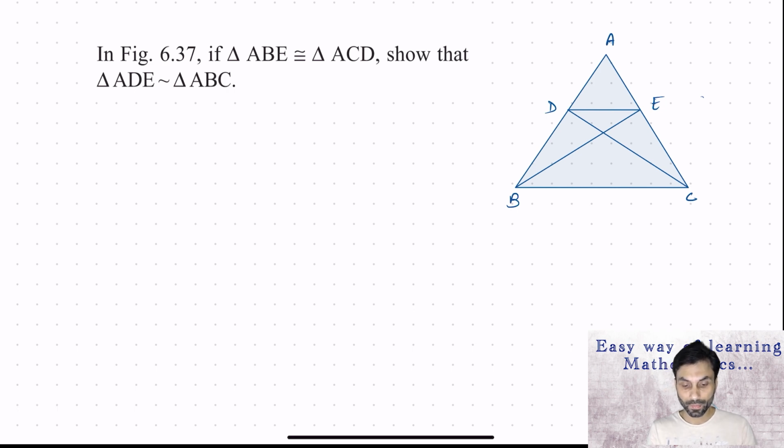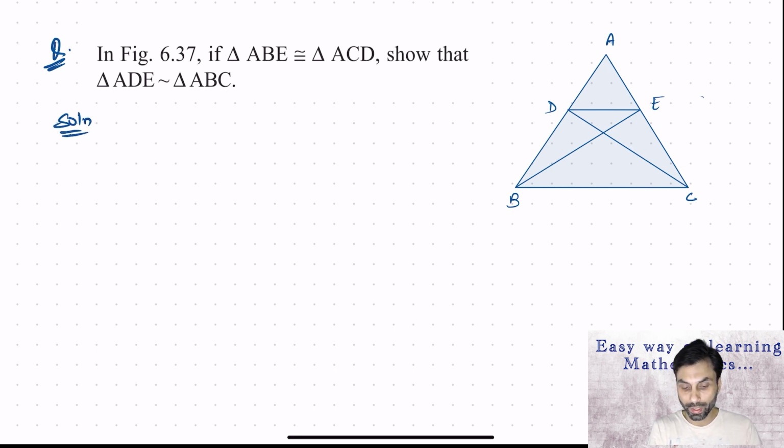Let's move to the next question. In this question, in figure 6.37, it is given that triangle ABE is congruent to triangle ACD. We have to show that triangle ADE is similar to triangle ABC.